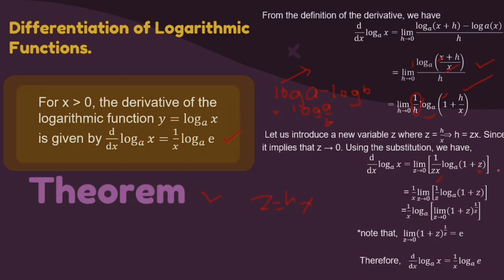We solve this, and then we get the final answer here. We note that this equation here is equal to e. So when we rewrite the equation, we get d over dx log a x equals 1 over x log a e, the same as the theorem. So it has been proven.